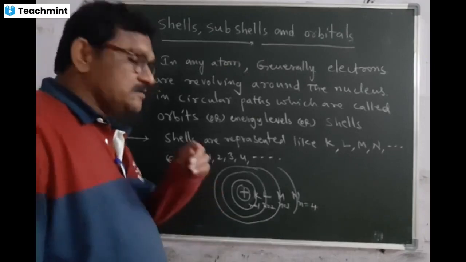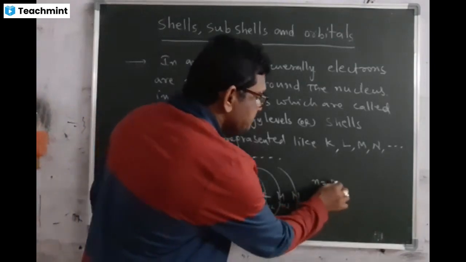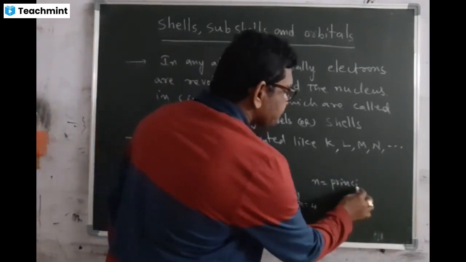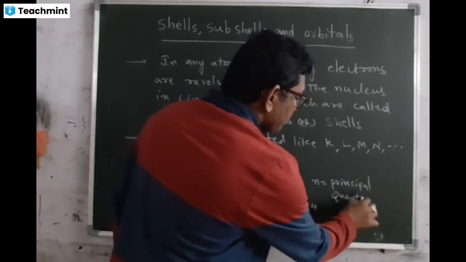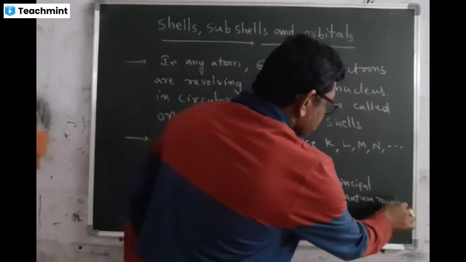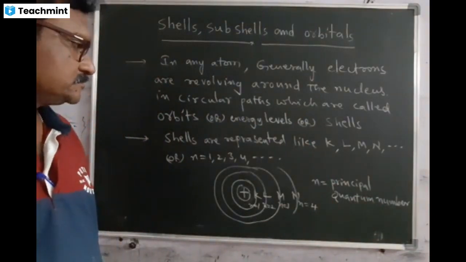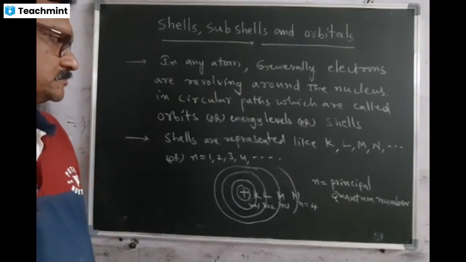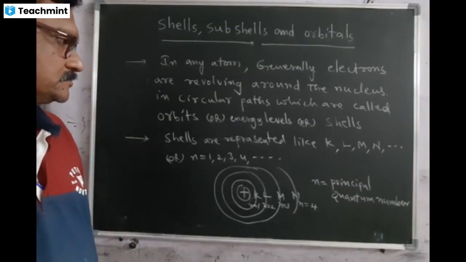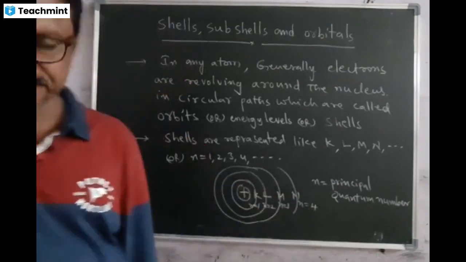Here one word I tell you, you remember. What is the small n? The small n is called the principal quantum number.